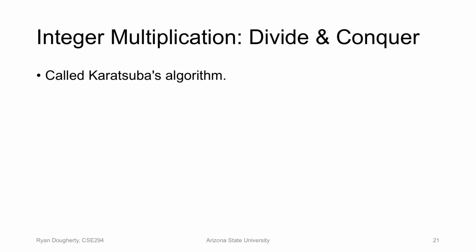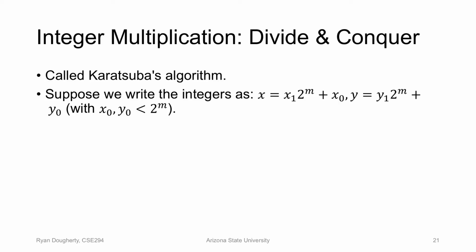So, divide and conquer. This is one of the most famous papers in algorithm design, by Karatsuba, and so it's called Karatsuba's algorithm for obvious reasons. I'm assuming binary here, though this could be extended to decimal. It doesn't really matter.